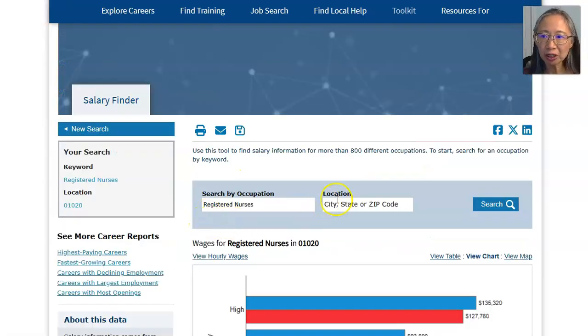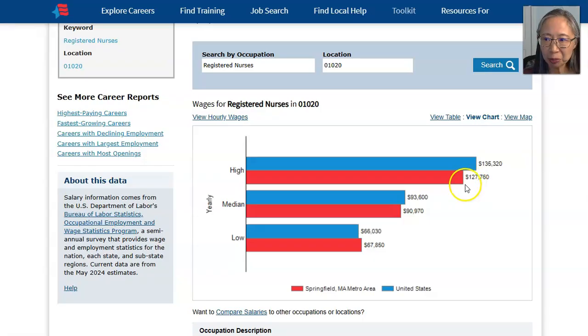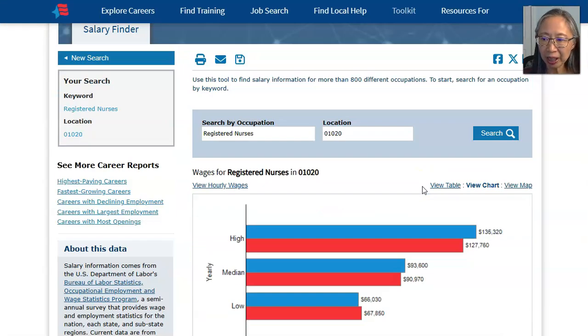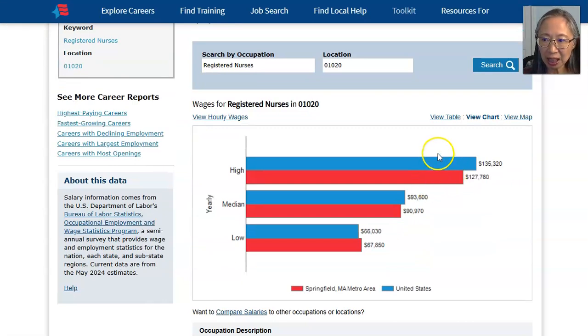In some occupation, the variation for location can be significant. Let's take a look at some place that's pretty close by, just in Springfield, Massachusetts. You see that in Springfield, Massachusetts, the pay on average is less than the national. So again, here is the red for Springfield, Massachusetts.